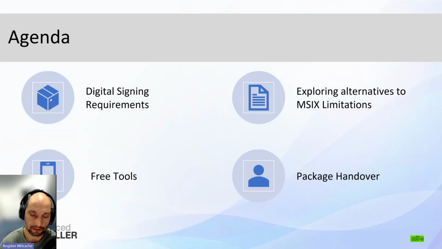Just to wrap up, I would like to explore together with you an option for alternatives to some of the MSIX limitations that we are looking at in Advanced Installer, similar to some improvements that we did for App-V back in the day when you needed to install drivers and other dependencies not supported in the App-V package. It's something that we're trying now with Advanced Installer, and it's interesting to see how people could use it.